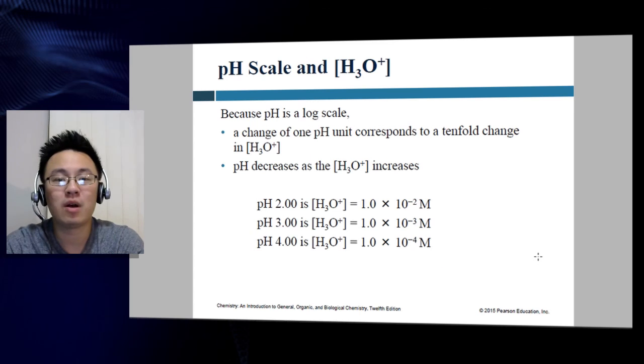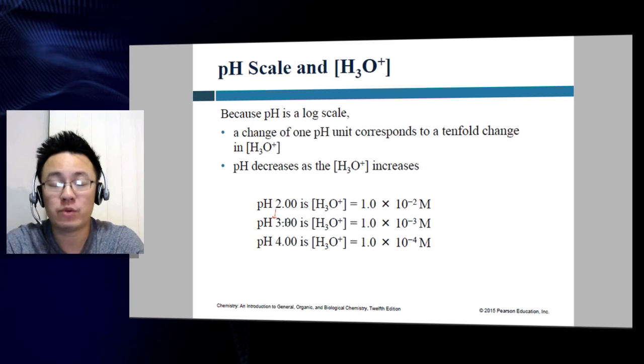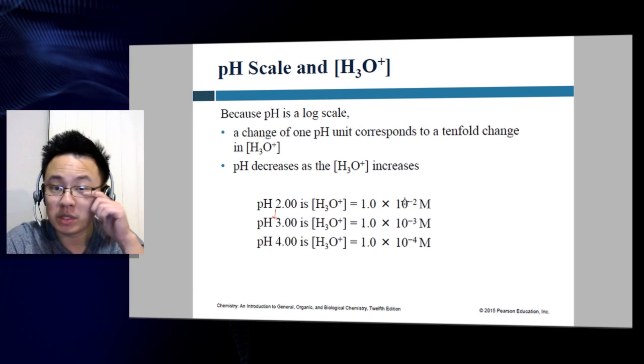Because a pH is a log scale, a change in 1 unit, for example, from pH of 2 to 3, okay, will correspond to a tenfold increase or decrease, a tenfold decrease in hydrogen ion concentration. As you can see here, we have 1.0 times 10 to the negative 2.